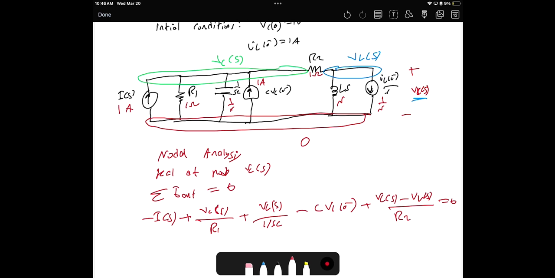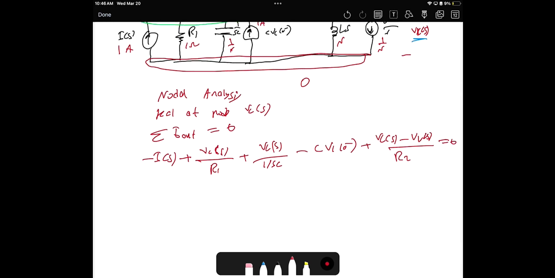Now I need to try to simplify it more by taking VC as a common factor.